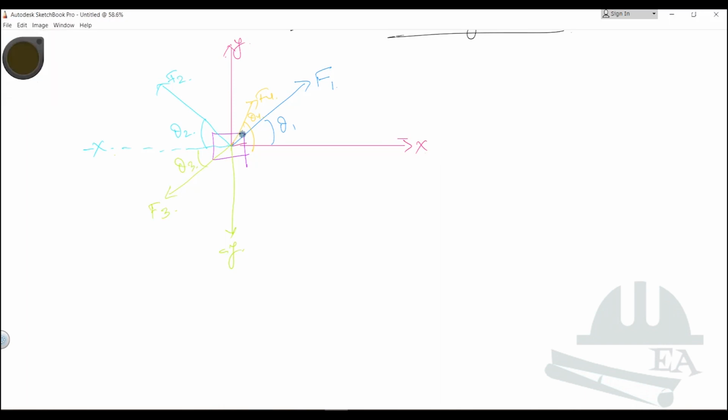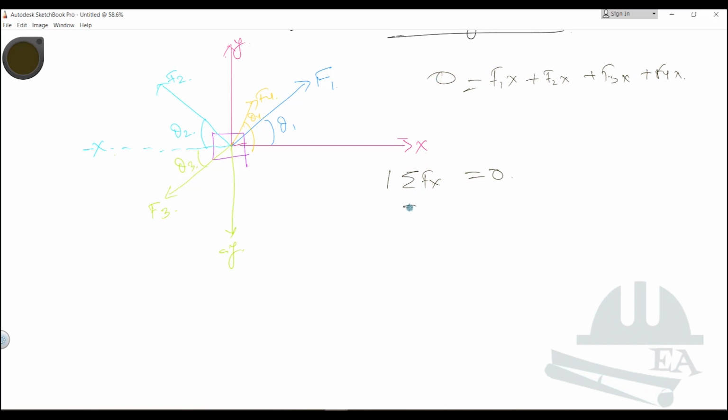For this body to be in equilibrium, there are two conditions it must meet. The first is that the summation of the forces in the x direction, summation Fx, must be equal to 0, which means you find F1x, add F2x, add F3x, and add F4x, and this whole summation must be equal to 0.